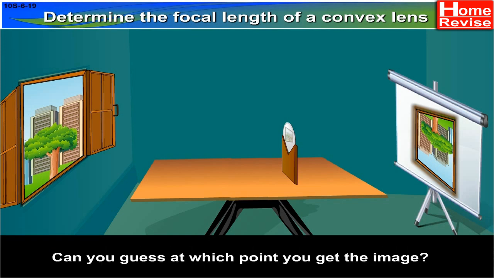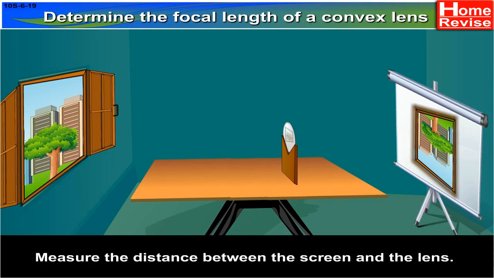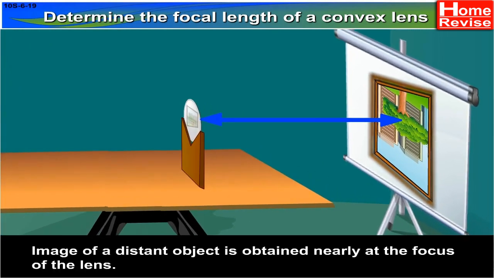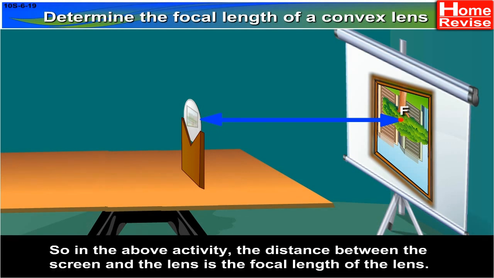Can you guess at which point you get the image? Measure the distance between the screen and the lens. Image of a distant object is obtained nearly at the focus of the lens. So, in the above activity, the distance between the screen and the lens is the focal length of the lens.